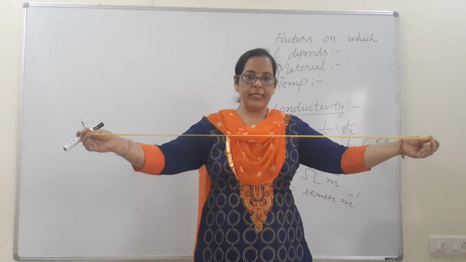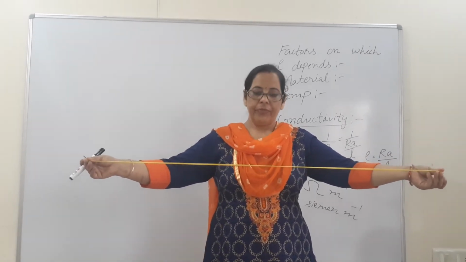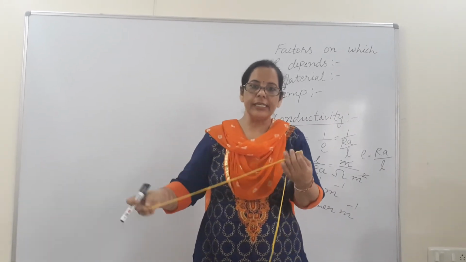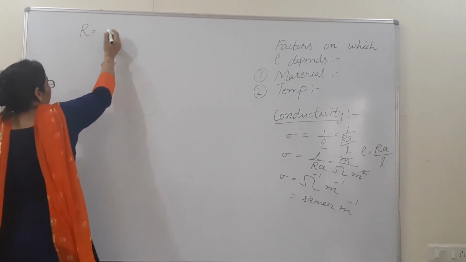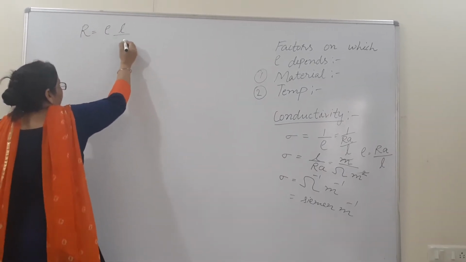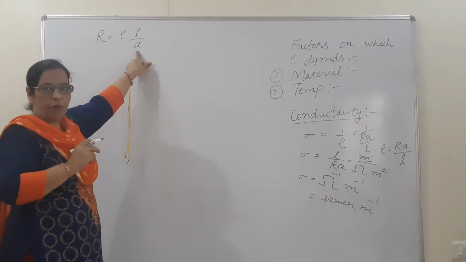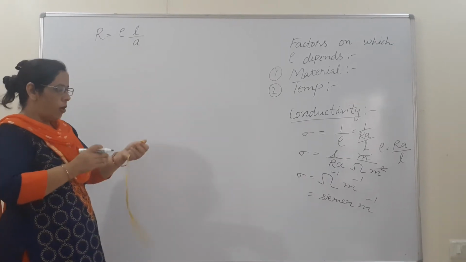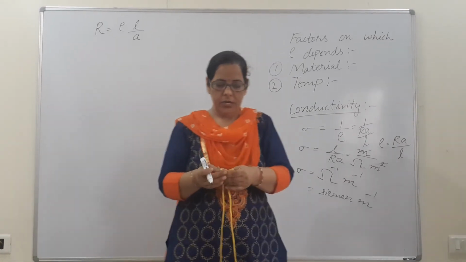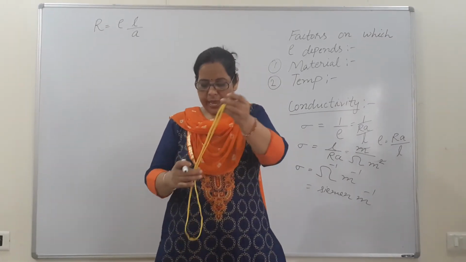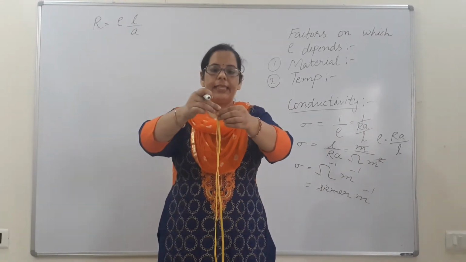Suppose that this is a wire, its length is L and its area of cross section is A. So R is equal to rho L by A. We have supposed that its length is L and its area of cross section is A. Now suppose the next step is you make its length half.